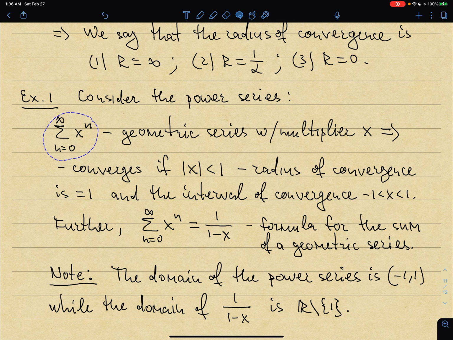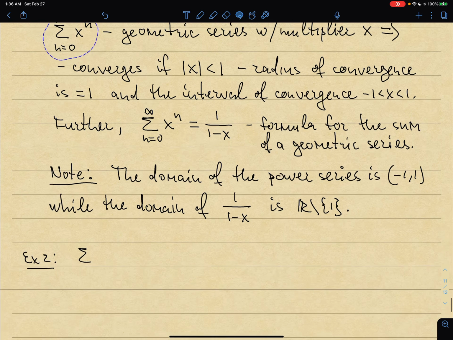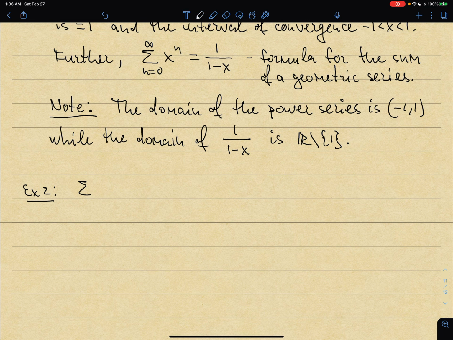I'm not using x minus x0 to the power n, but just x to the power n. Let's do the same thing here. Sum from 1 to infinity, but now of x to the power n divided by n. So what happens in this case?